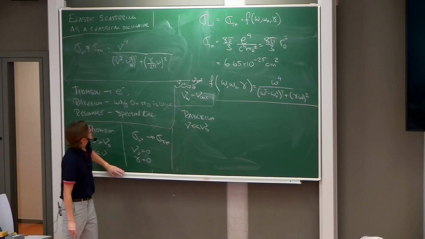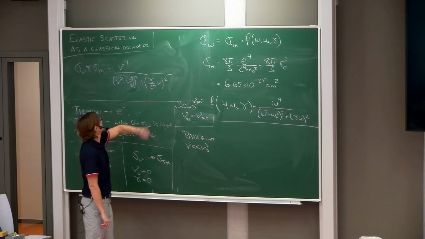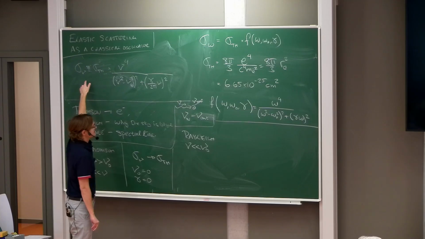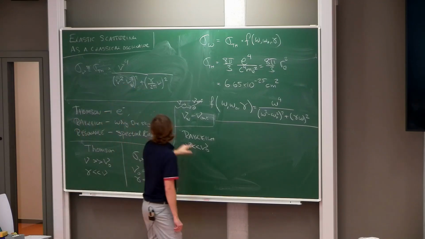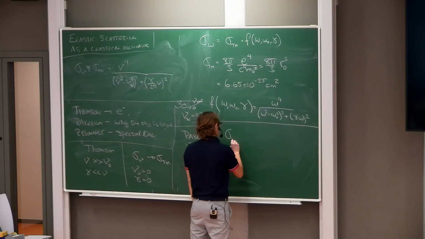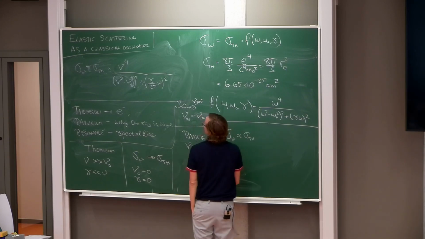If the damping is weak, we can, so to say, neglect this term, and then we can see that to a first approximation, this vanishes, and we're only left with this one.